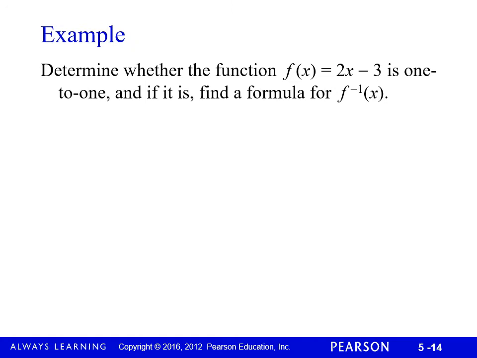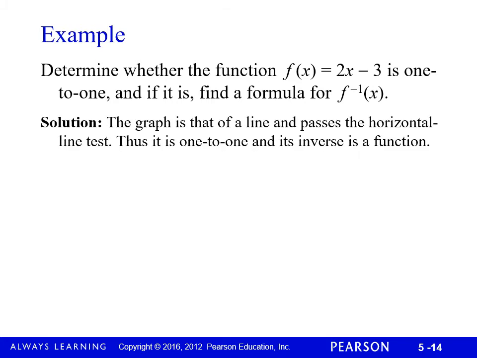So let's do one of these. Determine whether the function f of x equals 2x minus 3 is one-to-one, and if it is, find a formula for f inverse of x. Again, we have a linear equation, so we know that it is one-to-one. It passes the horizontal line test, and its inverse is a function. So now again, we go through those 4 steps. The first step is to replace f of x with y.